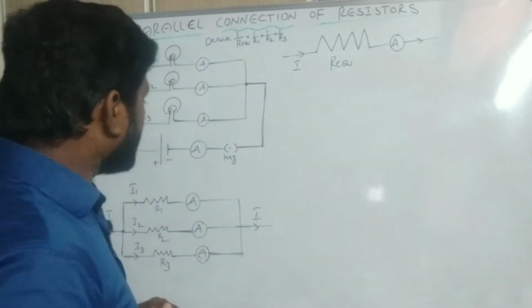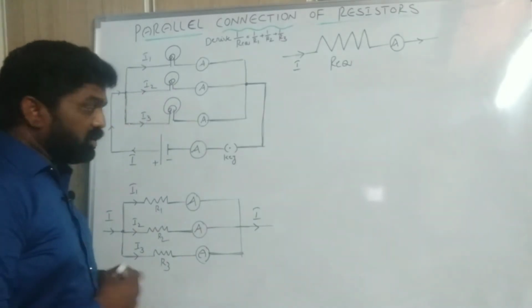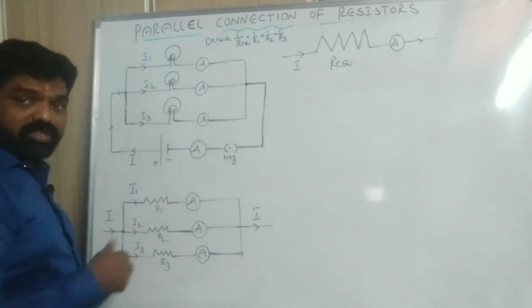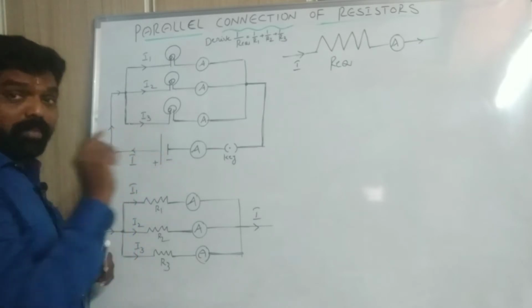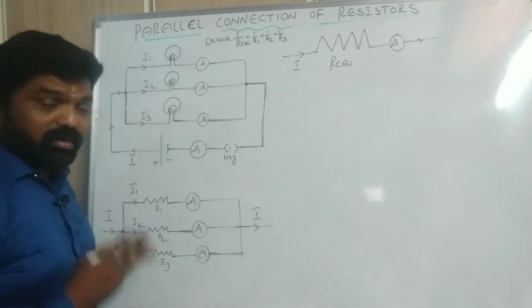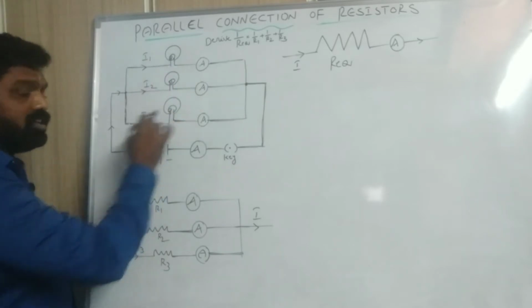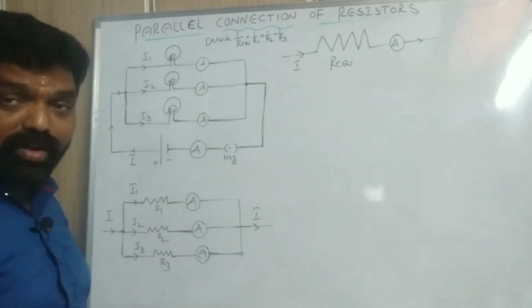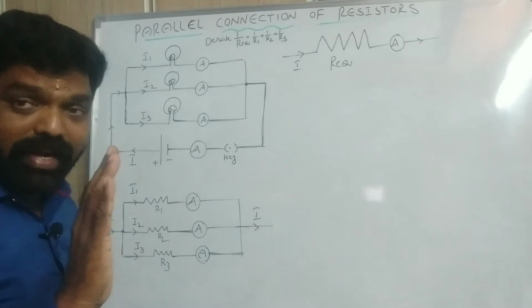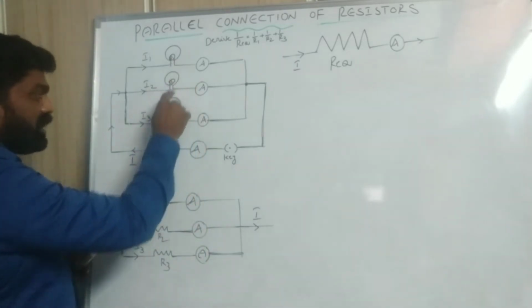So before conducting the experiment, see here on the switch, by using a voltmeter, measure the voltage at the first, second and third bulb. Note down those values. You will find that the voltage is the same.